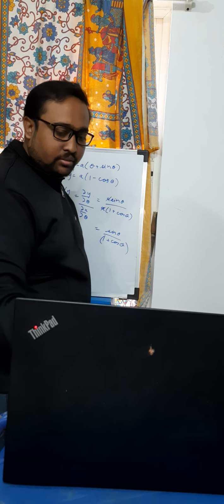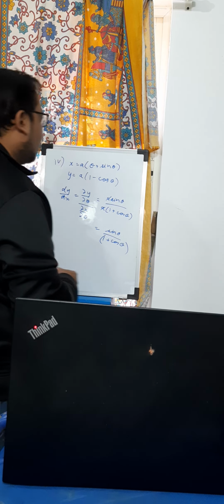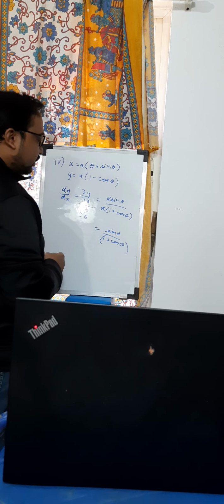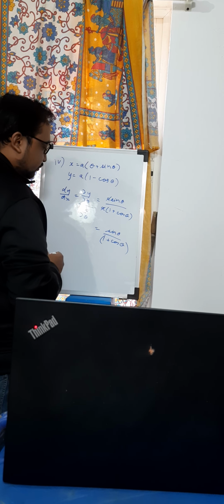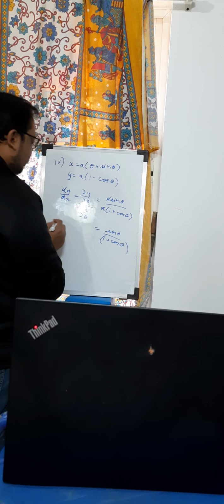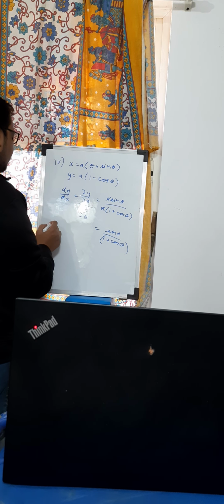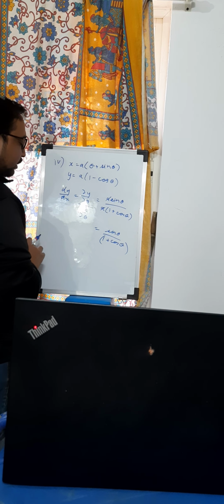What is the answer given? Tan theta by 2. Okay. So can we simplify it further? How have they come at the final answer?